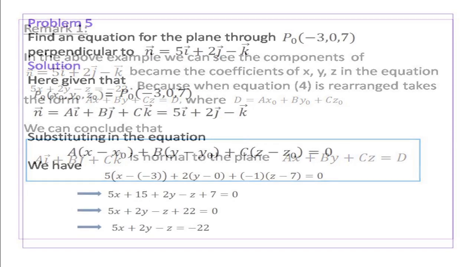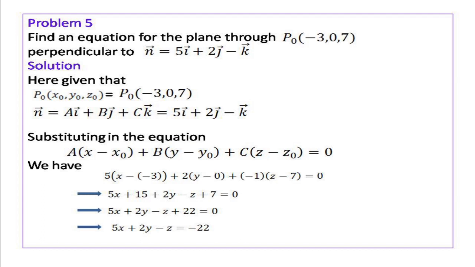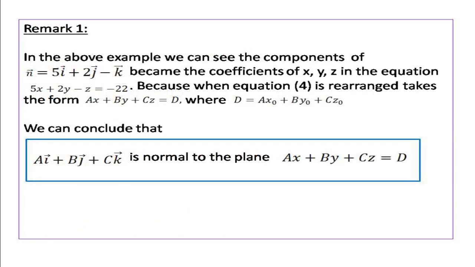From the previous example, it is clear that the coefficients of x, y and z are the components of vector n. So, if we are given an equation for the plane, we can directly write the vector orthogonal to that plane.